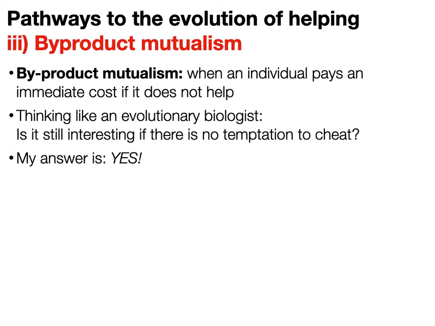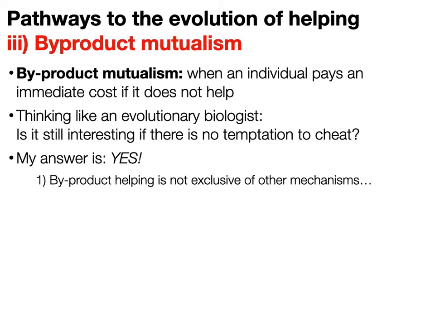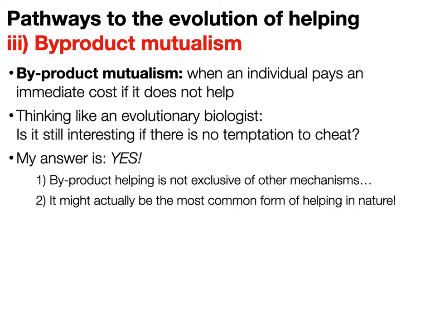In fact, researchers have surmised that probably most of the examples of cooperation in the animal kingdom are really examples of byproduct mutualism. For one thing, I would point out that all of these pathways are not mutually exclusive. Just because a system has features of byproduct mutualism, it doesn't mean that the other mechanisms aren't contributing to the benefits of helping as well.